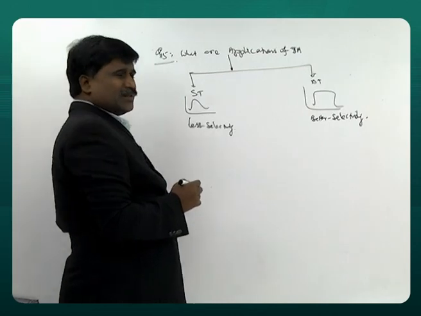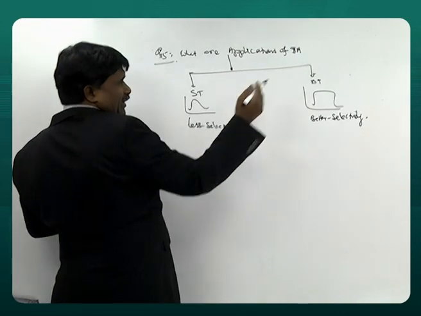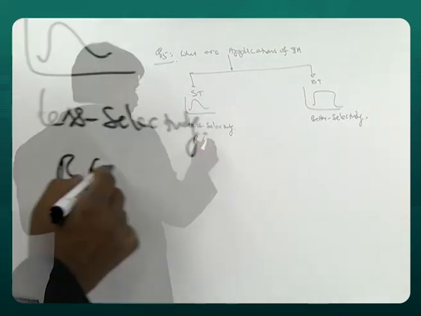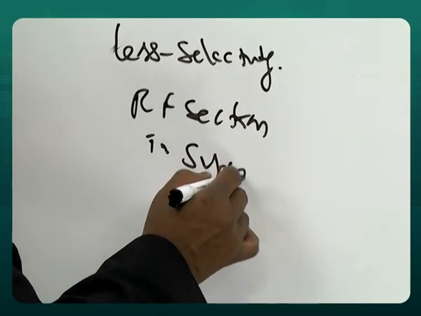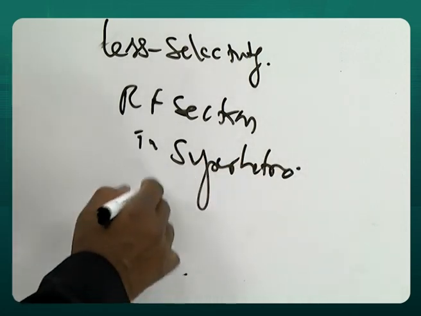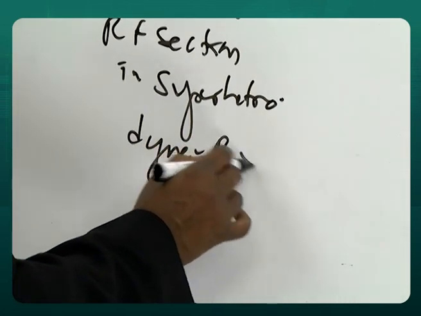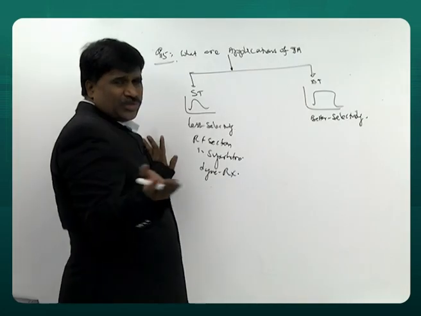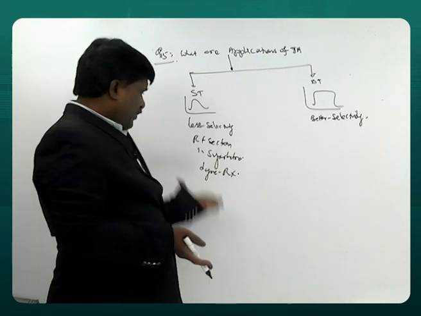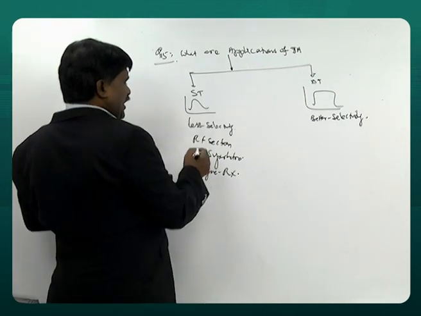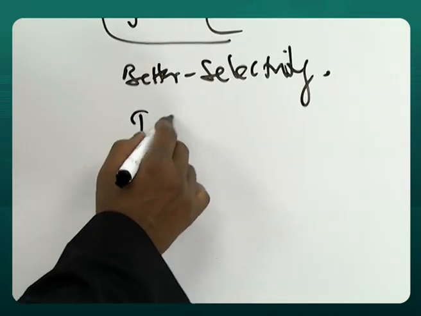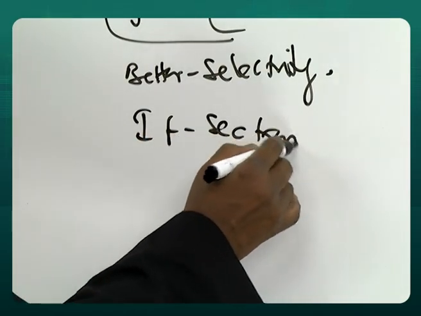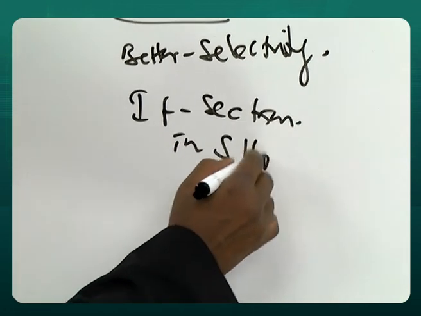So what is better? It can eliminate better. That's why this is the RF section in a super heterodyne receiver. Now what is used in radios and TVs today is the super heterodyne receiver. This is the RF section. This is the IF section, intermediate frequency, in the super heterodyne receiver.